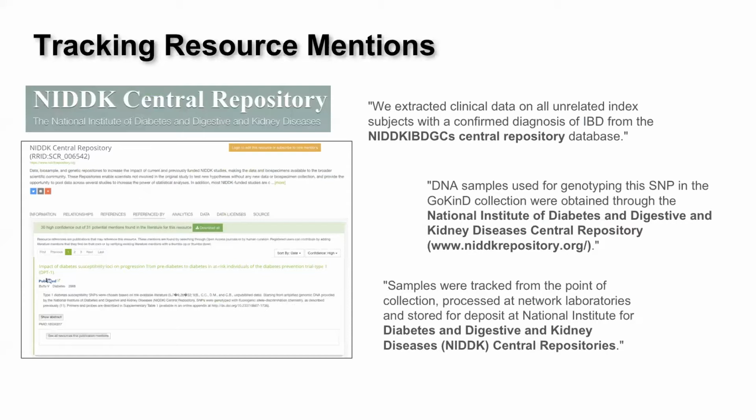By being able to pull out the mention text around the resource, one can start seeing how, for example, in this case the NIDDK Central Repository is being used by different research groups. So it provides an easy way for people to look at information and mentions about a resource from the papers.